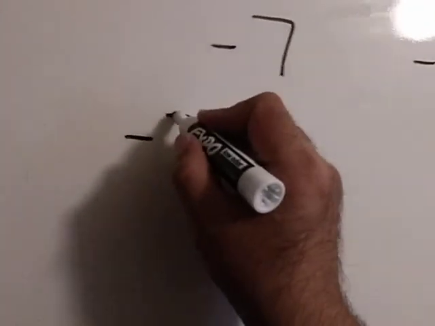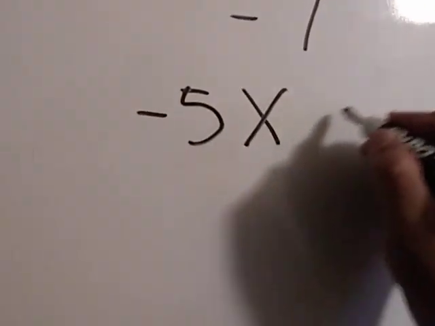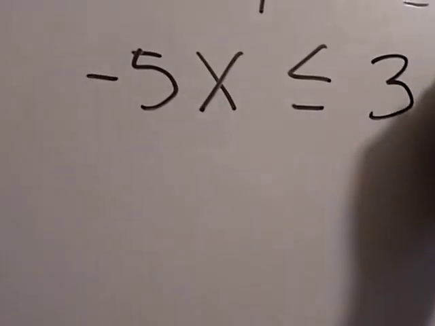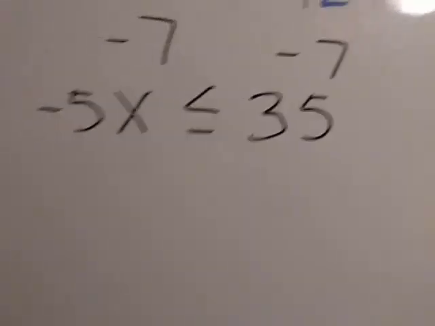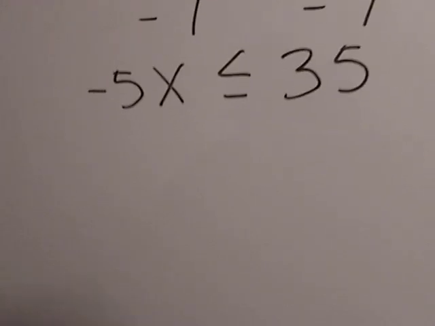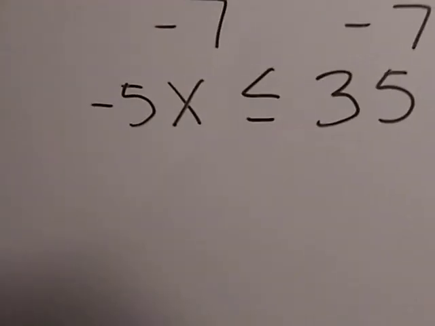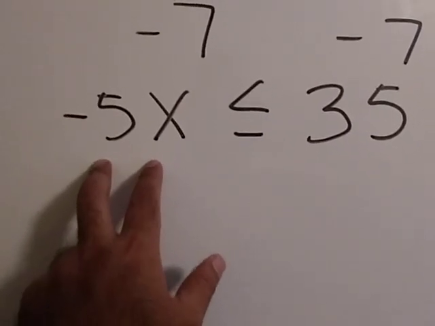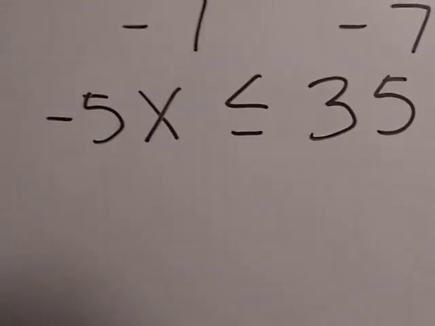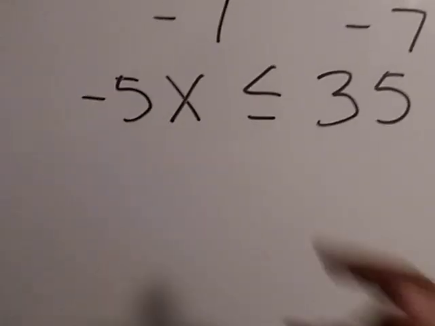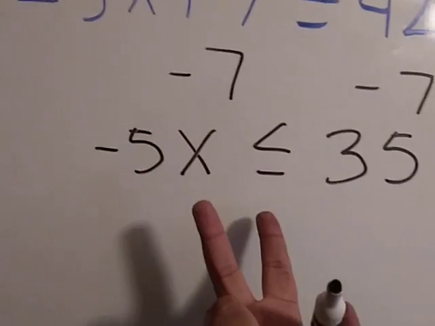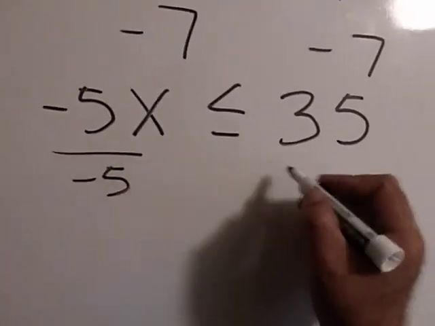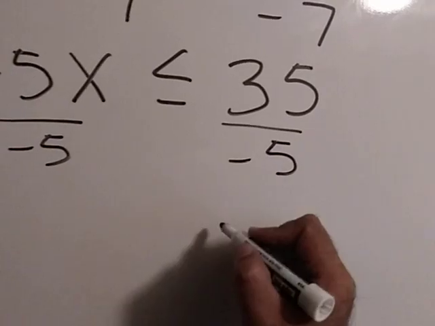So we are left with negative 5x is less than or equal to 35. And now here comes the key part. Whenever we divide by a negative in an inequality, the inequality sign is going to switch. So here we're dividing by a negative 5 on both sides.